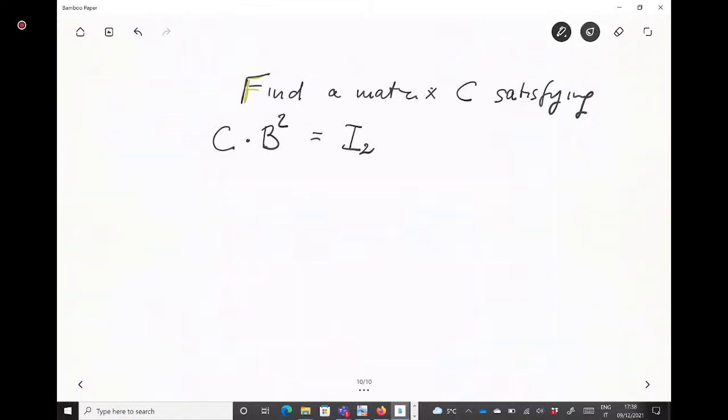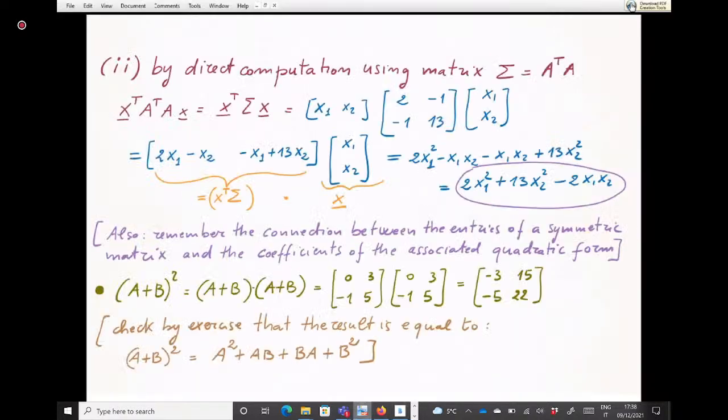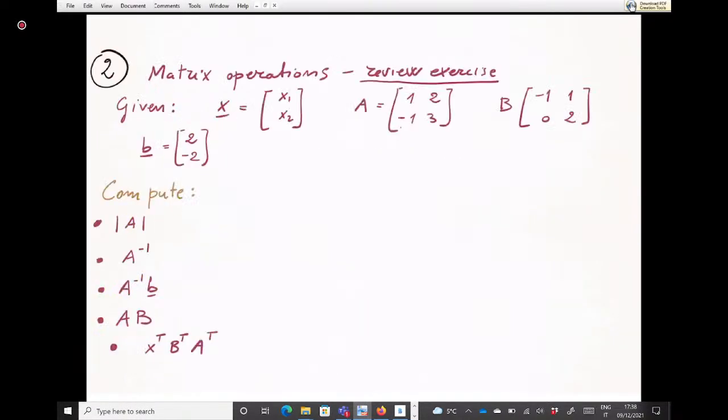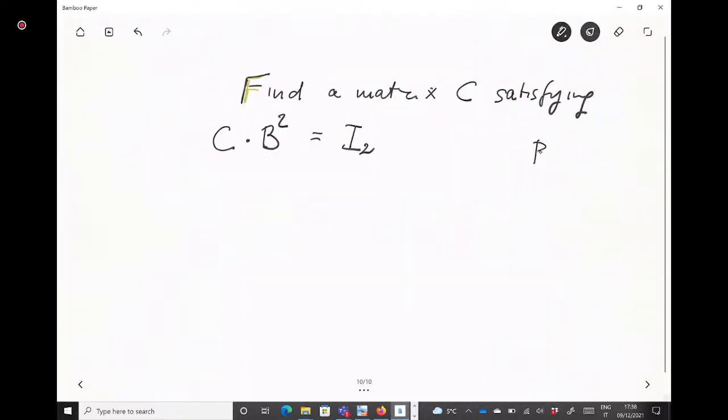So matrix B is this one: B is -1, 1, 0, 2.